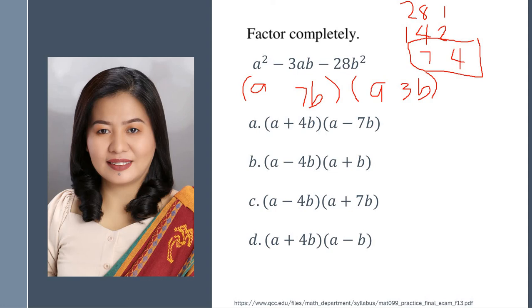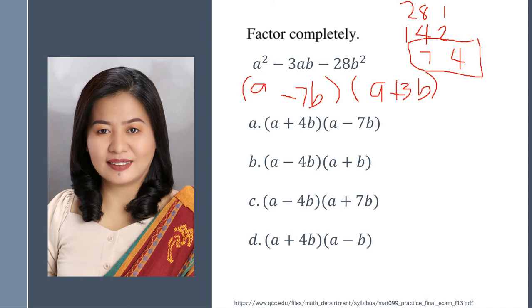But you'll have to consider the middle term. The middle term has a negative sign or a minus sign. It means that the term with a larger numerical coefficient will have the minus sign, and that is 7b. So 3b here will have a plus sign.